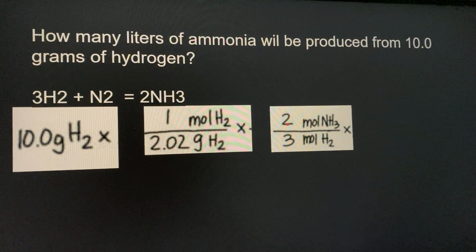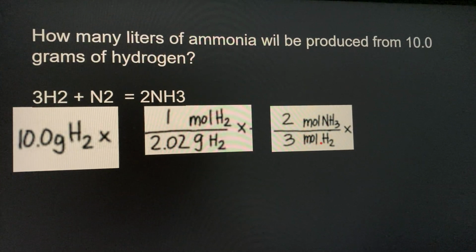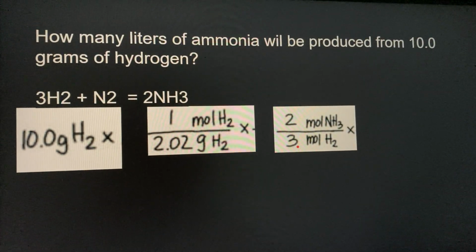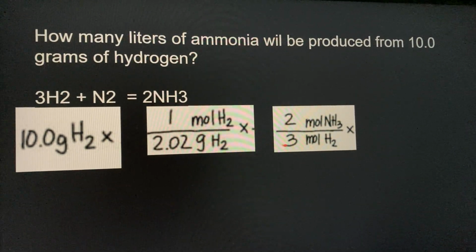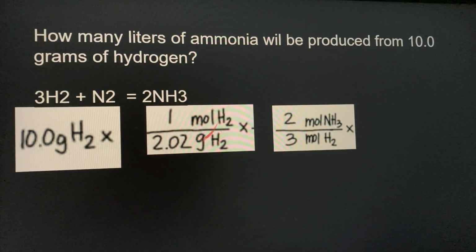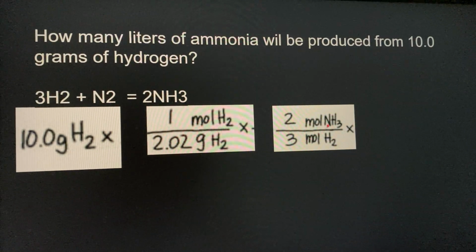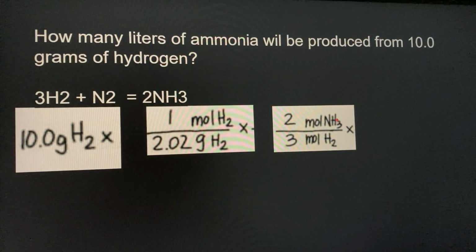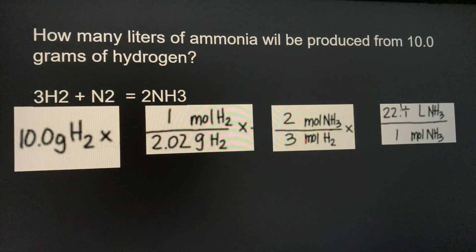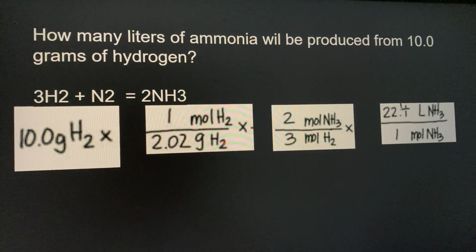Then we're going to use the mole ratio. We have 3 moles of H2, 2 moles of NH3. You should already know this by now, but you always divide by whatever element you put over here, and then multiply by whatever element you want to go to. That way it always cancels out diagonally: mole H2, mole H2, that'll cancel out. Same with H2, H2.